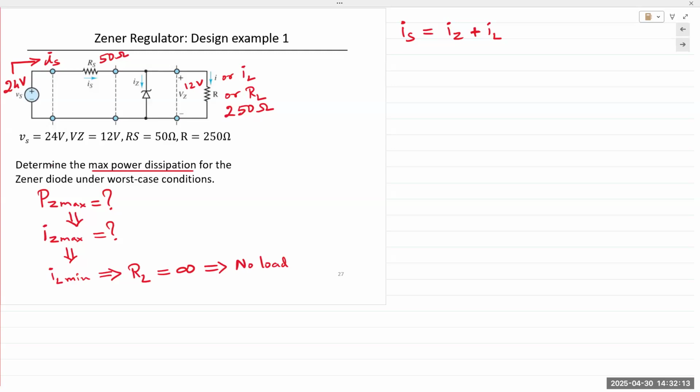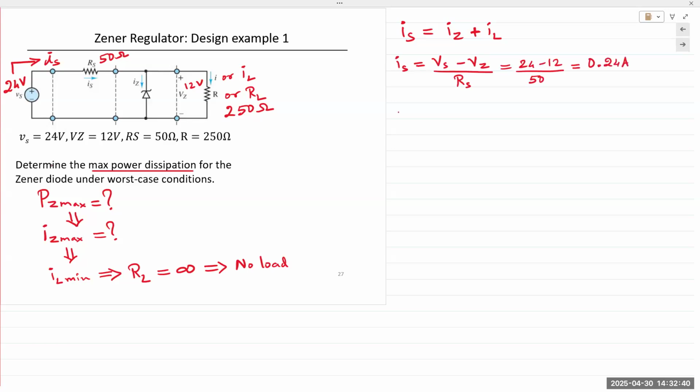All right, let's find IS first, because IS requires VS, VZ, and RS. We have all three. So VS minus VZ over RS is 24 minus 12 divided by 50, which is 0.24 amps.